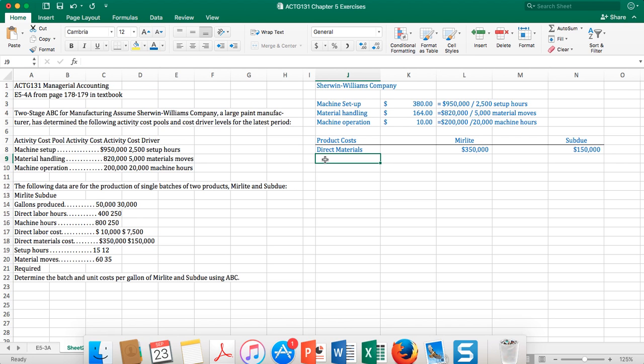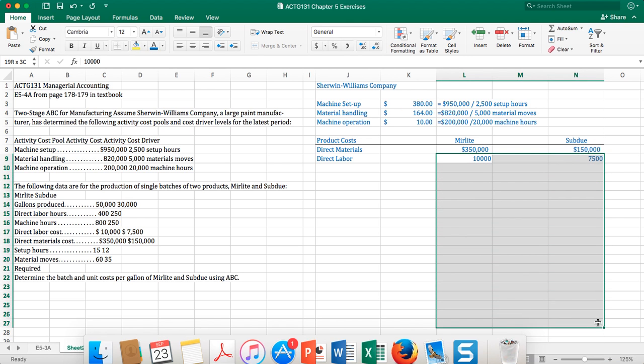We also know that in addition to direct materials, there's direct labor. That comes from right here. So for Merlite, it's going to be $10,000, and for Subdue, $75,000. Let me just format this area so it's easier for us to read.